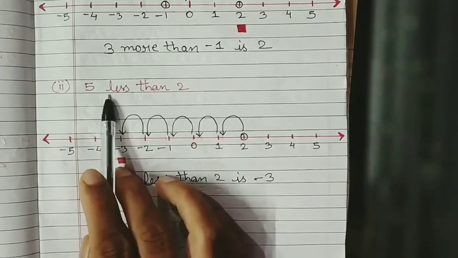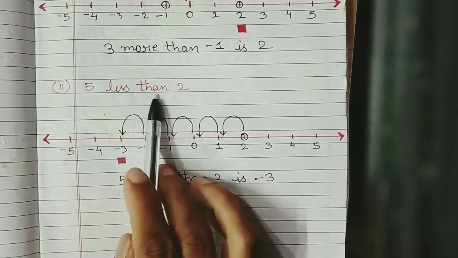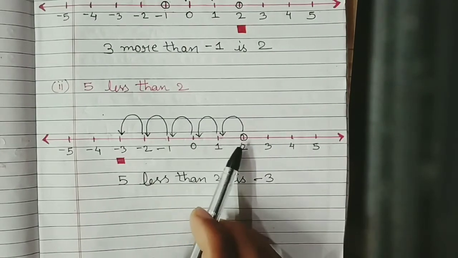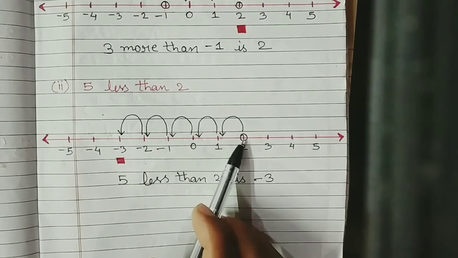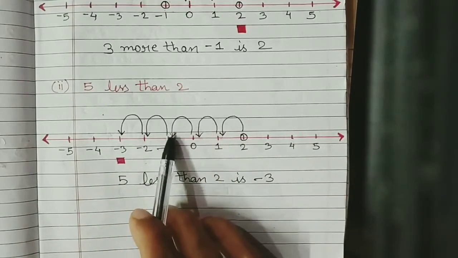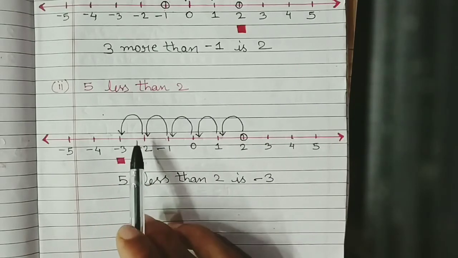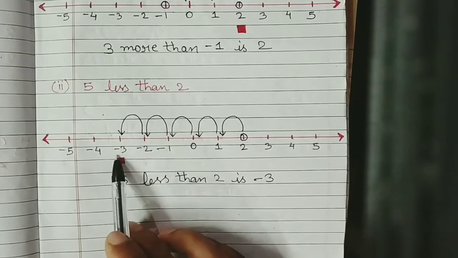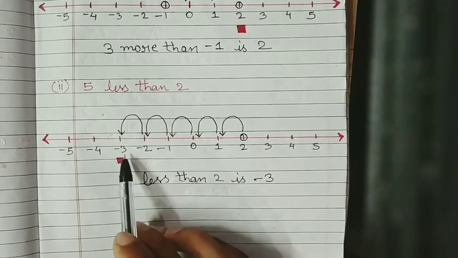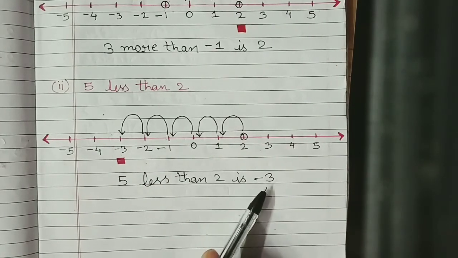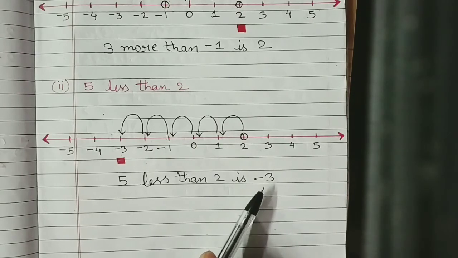Now it is written here 5 less than, so we are going to move towards the left side from this place. How many steps? 5 steps. Okay. So 1, 2, 3, 4, 5, and we have reached this place. The integer in this place is -3, and this is our required answer. So I have written here 5 less than 2 is -3, and this is our answer.